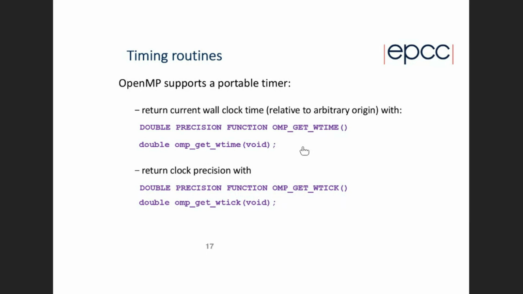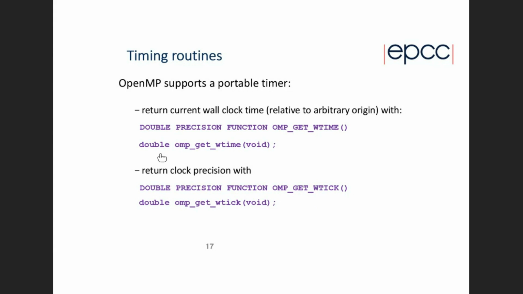And so, two nice things about it. It really is wall clock time. So you do have to be careful with other timers that you're not measuring accumulated CPU time across all the threads or something else. Okay, so at least you aren't guaranteed that it's genuinely wall clock time.